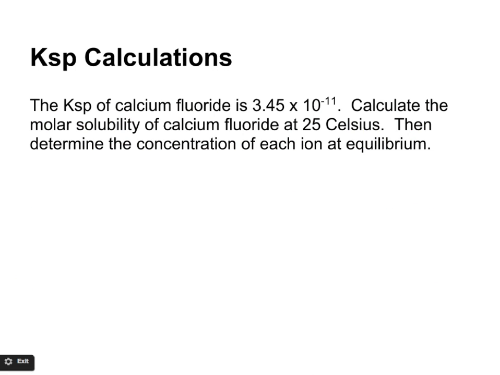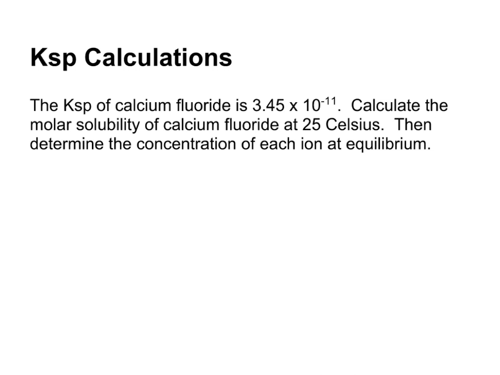Let's look at some examples of KSP calculations. KSP of calcium fluoride is 3.45 times 10 to the negative 11th. We need to calculate the molar solubility of calcium fluoride at 25 degrees Celsius. Then determine the concentration of each ion at equilibrium.